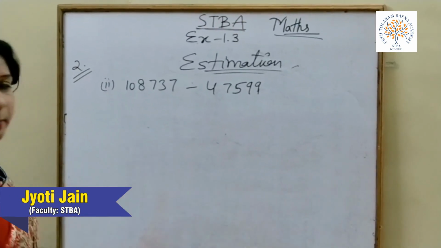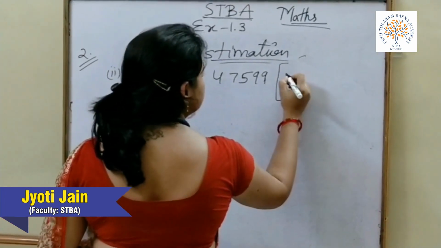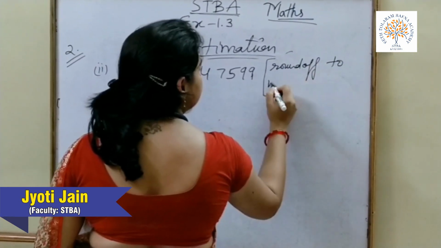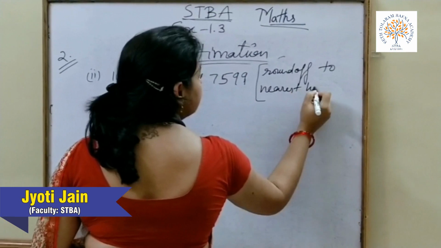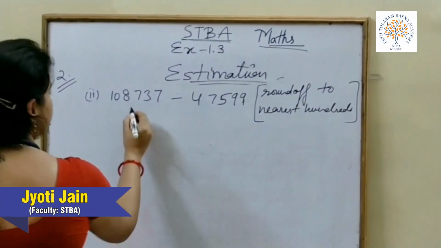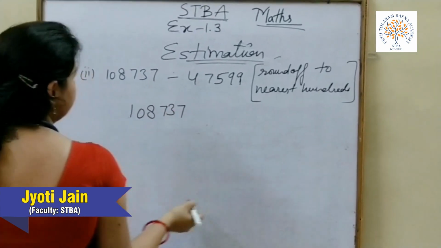Next one, this problem is related to subtraction, and again it is mentioned in this question that we have to round off these numbers to the nearest hundreds. So see the first one, 1,08,737.